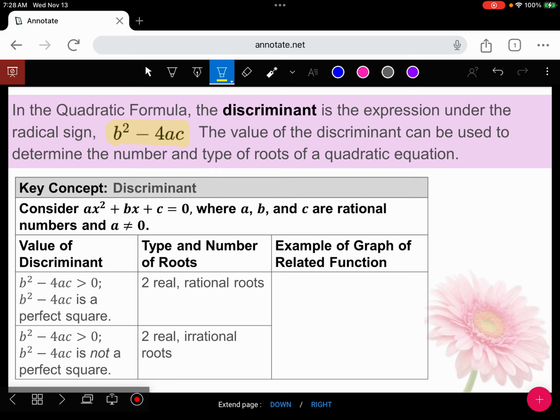we have this table, and what we do is we look at our standard form equation. That's what the top says right here, the top of your table. The rest of it just means a is not 0, and it's numbers.